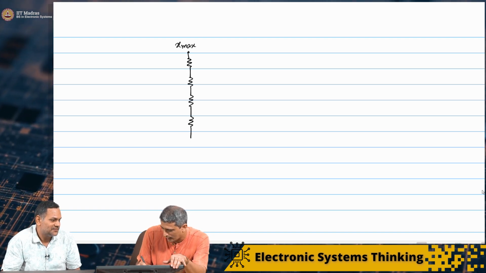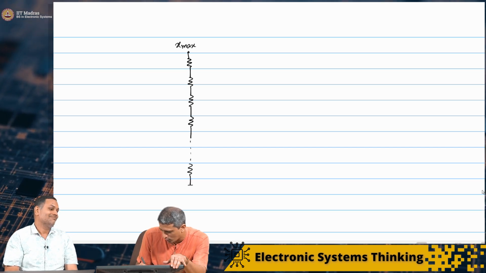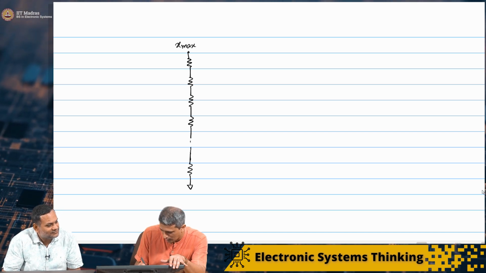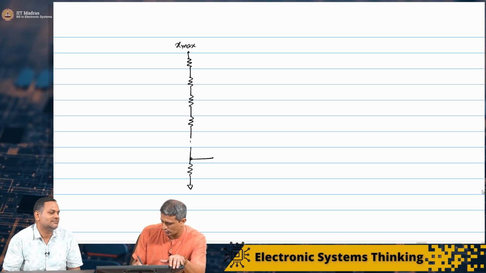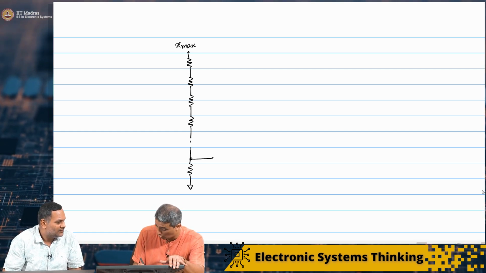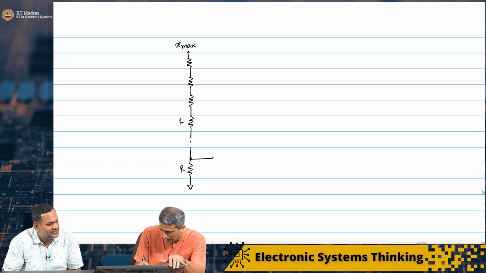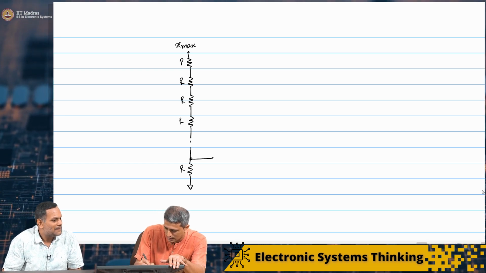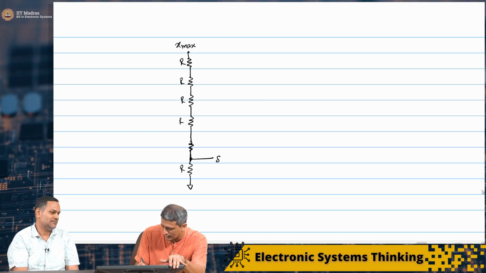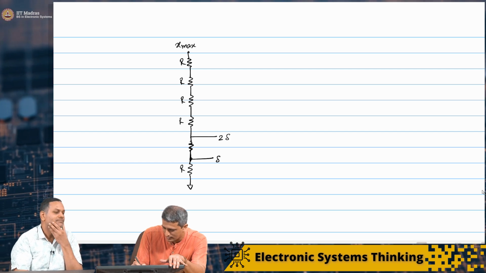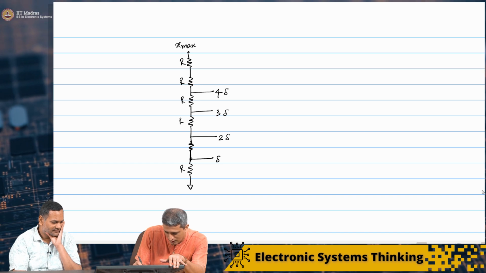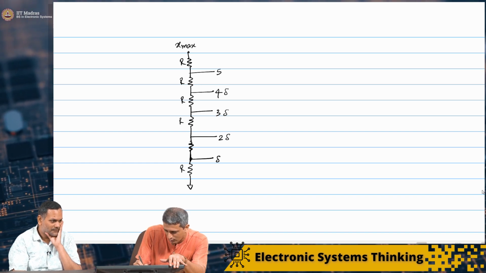All the way down, you put n resistors there, all of them equal, each of value R. So you will simply get delta, then over the next resistor you will get 2 delta, 3 delta, 4 delta, and 5 delta.